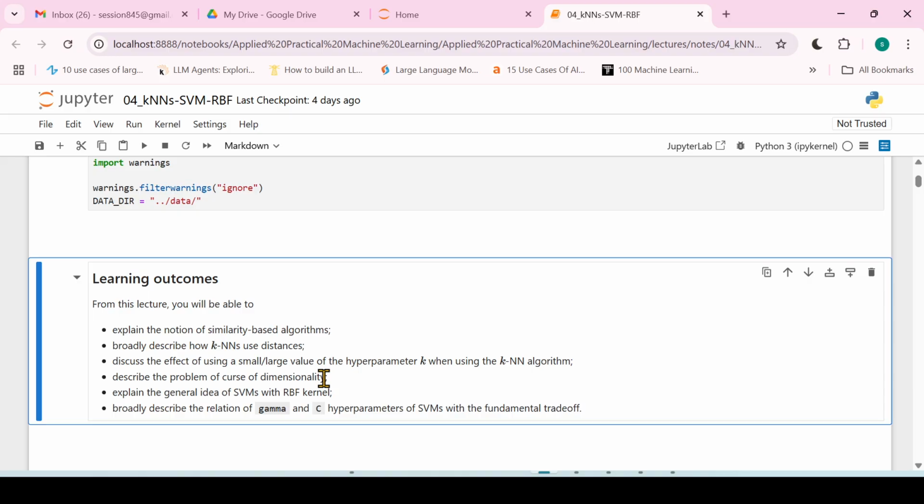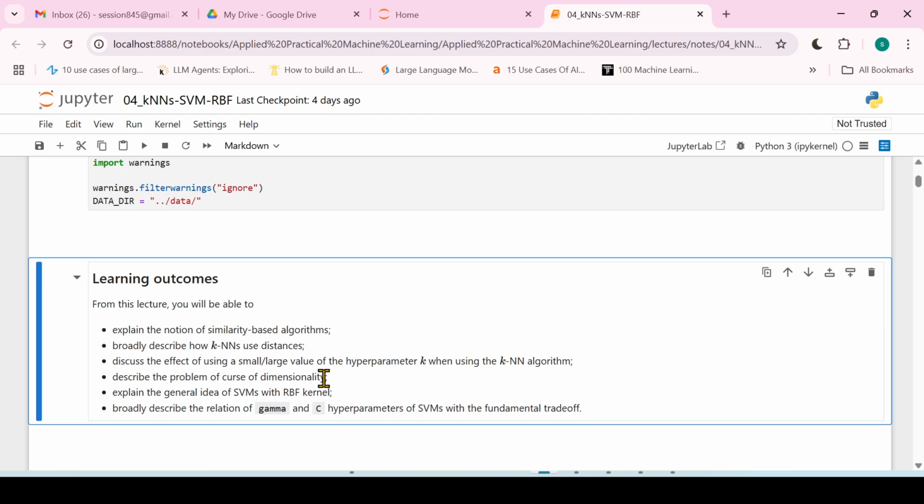Last time, in the decision tree algorithm, the hyperparameter we discussed was max depth. We also discussed that there are other hyperparameters, like maximum sample split or max leaf node, so we had a lot of hyperparameters, but we just used max depth. Here, in KNN, we have K as a hyperparameter.